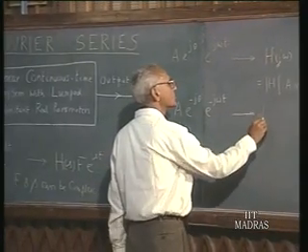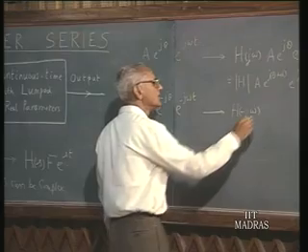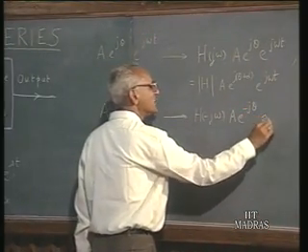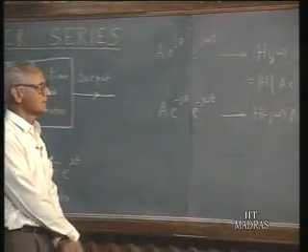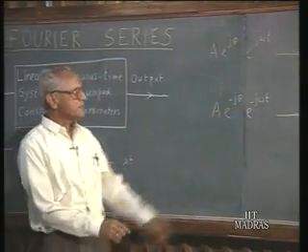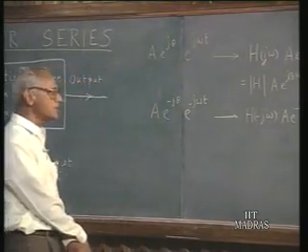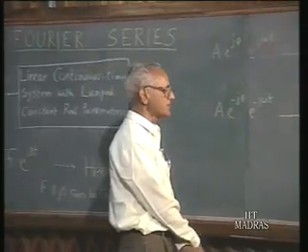Naturally, this will give rise to H of minus j omega A e to the power of minus j theta e to the power of minus j omega t. So the difference between this one and this here: now instead of plus j omega you have minus j omega, and instead of theta I have taken minus theta.